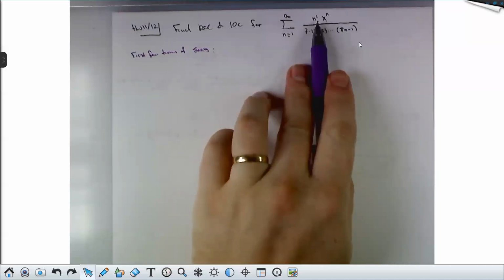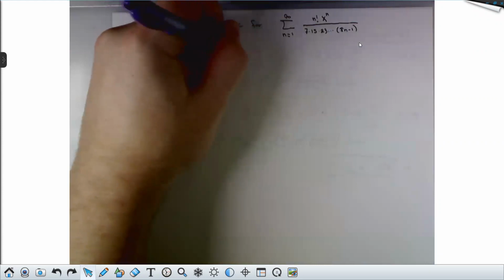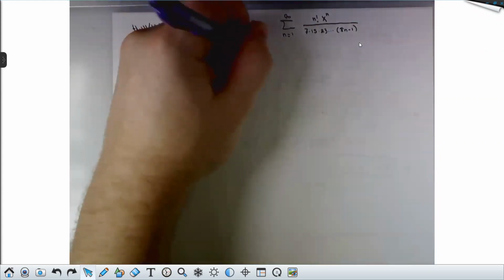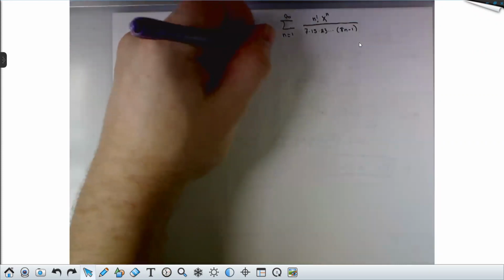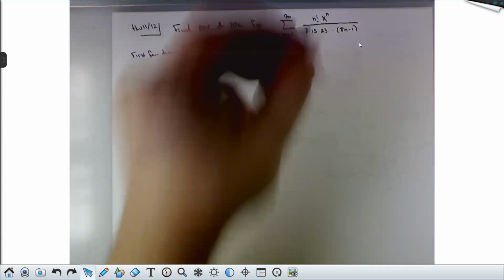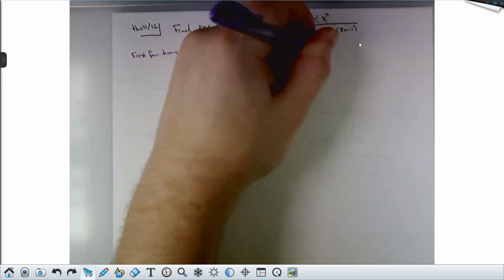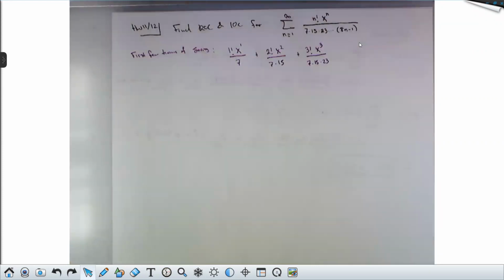When you plug in n equals 1, you get 1 factorial x to the 1 over 7. Plus, when you plug in 2, you get 2 factorial x to the 2 over 7 times 15. You plug in 3, you get 3 factorial x to the 3 over 7 times 15 times 23.